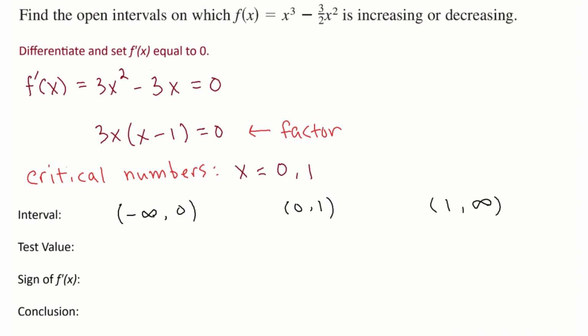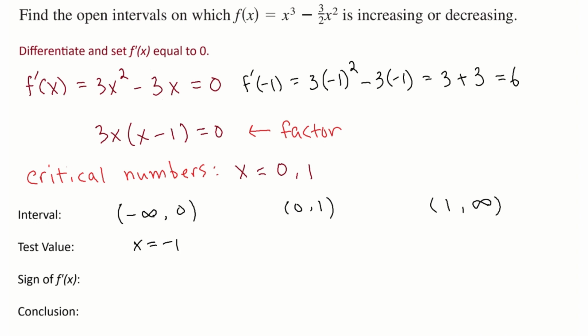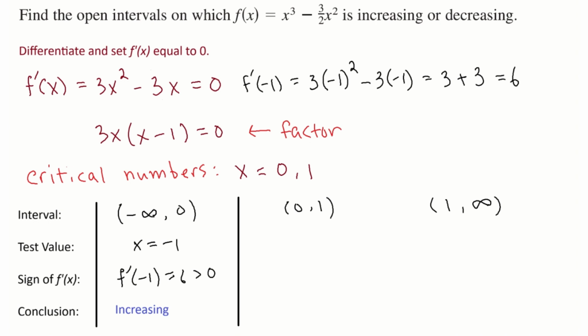To the left of 0, let's pick negative 1. F prime of negative 1 is 3 plus 3 equals 6. Since f prime is positive, that means the function is increasing on this interval. Now let's test the interval between our two critical numbers, between 0 and 1.